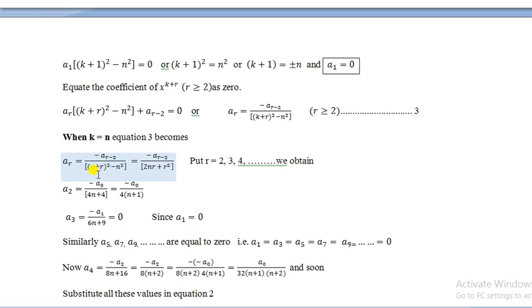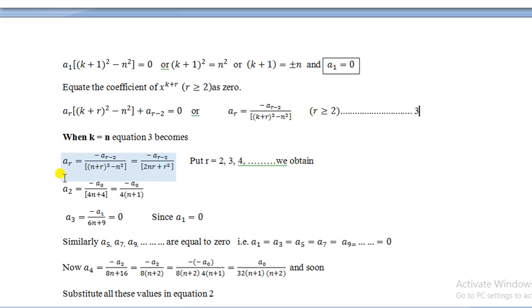Expand (n plus r) square: it becomes n square plus r square plus 2nr. The n square minus n square cancels, so the remaining terms are 2nr plus r square. So ar is equal to minus ar minus 2 divided by 2nr plus r square.